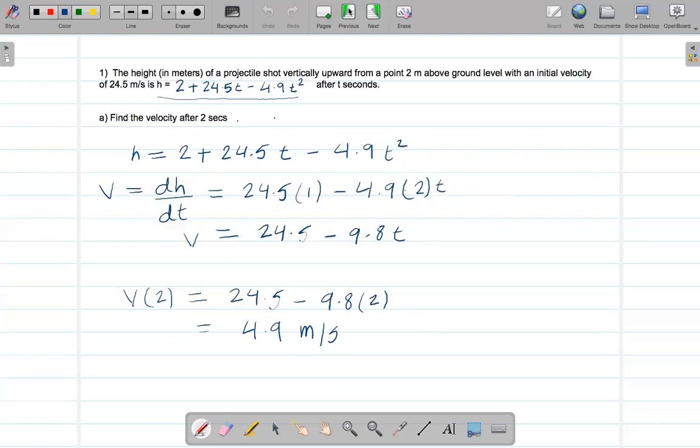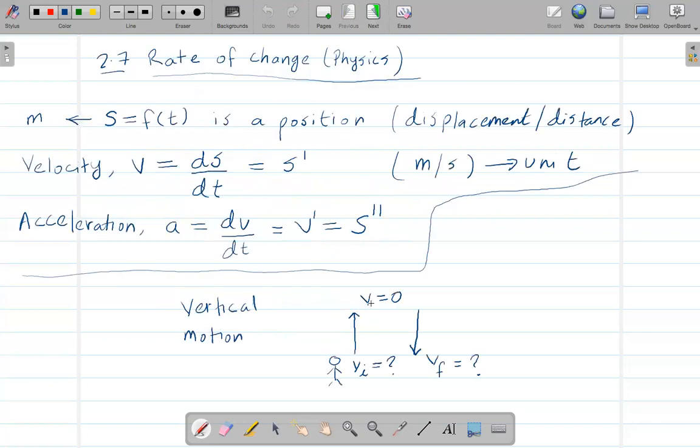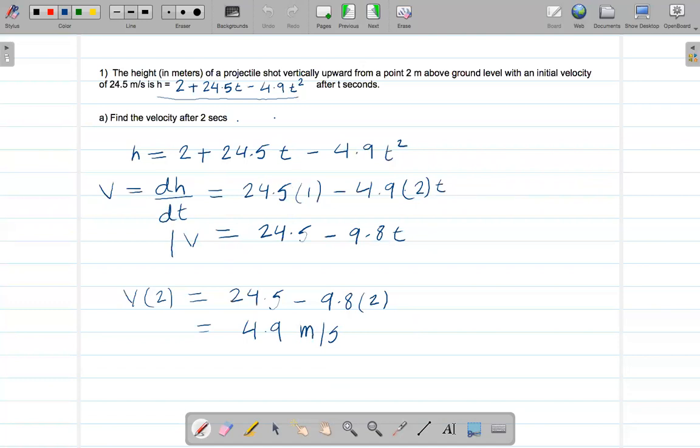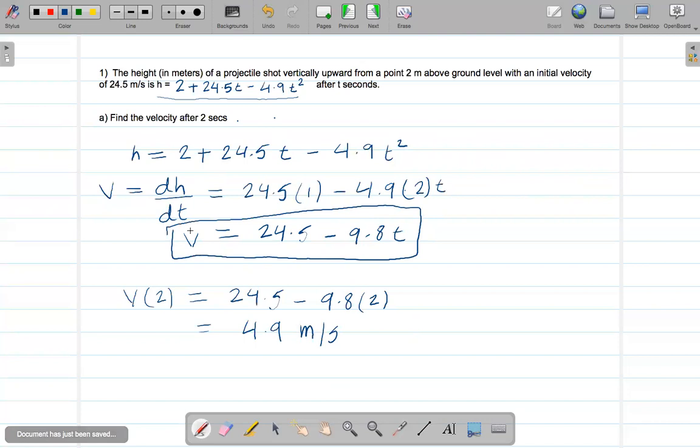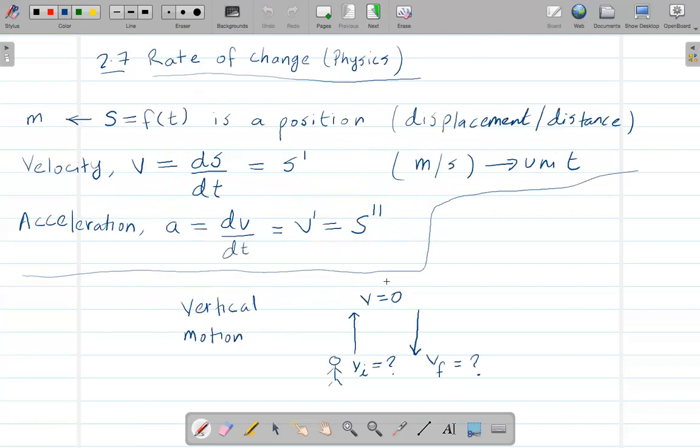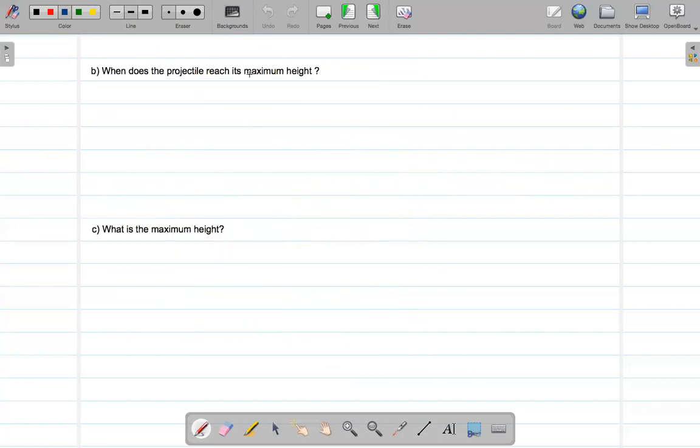As I said, it will reach the maximum height when the velocity is 0. Since we already found the velocity function, from this function I say v is equal to 0, because v must be 0 at the maximum point. So at the maximum height, v is 0.